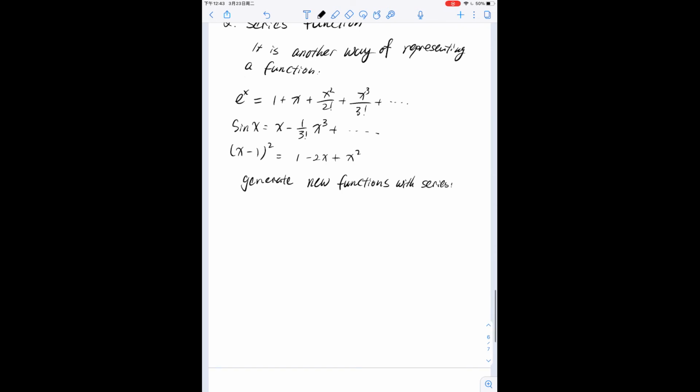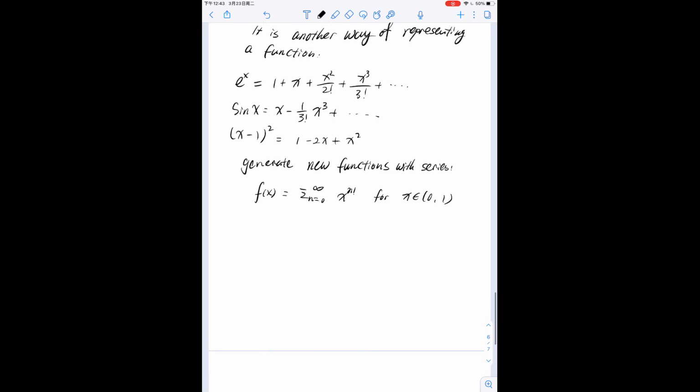For example, if we define a function like this, the summation from 0 to infinity of x to the power of factorial of n, for x in the range of 0 to 1. This is interesting because, first of all, this function is convergent. So why is that?